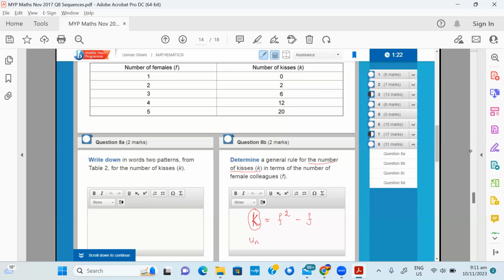And generally the symbol on the right side is n. The answer we found was something like u of n is equal to n square minus n. We generally 9 times out of 10 have been using the symbol n on the right side, but now it forced us to use f.